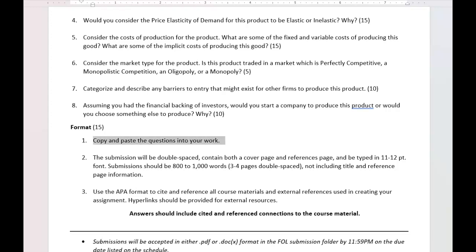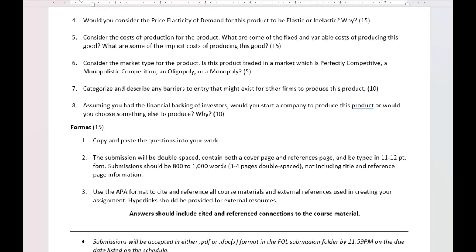So again, please copy and paste the questions into your work, because I will be grading them question by question. Please follow basic APA formatting, so you'll have a cover page, a references page, and double spacing. And overall, you're probably looking at about 3 to 4 pages, which is about 800 to 1,000 words. A little bit longer than our first assignment, although many of you were probably close to this with what you did submit.